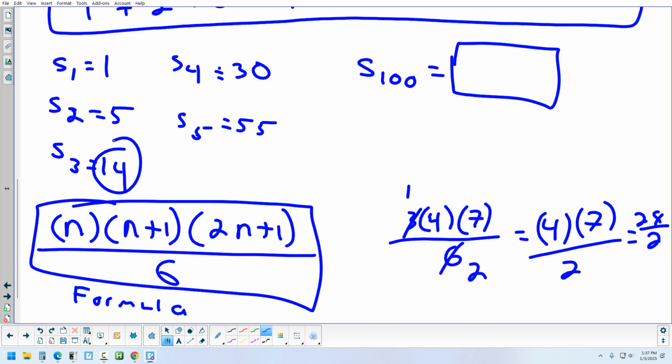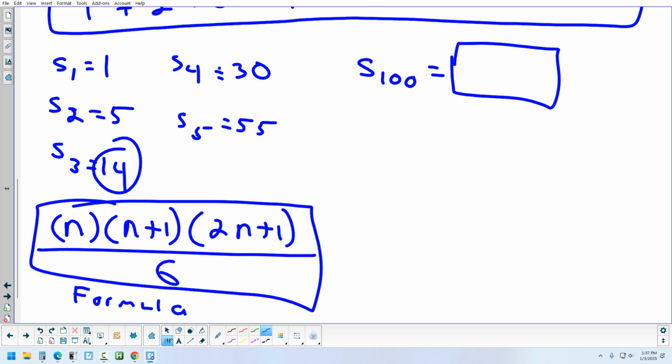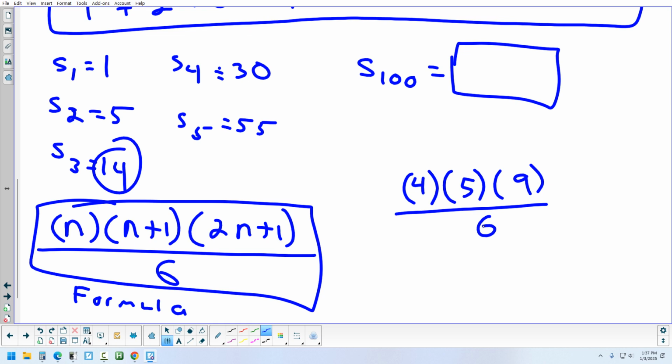Let's check it for the first 4. All right, let's try it again. If you plug in 4 for the first parenthesis, what do you get? 4. To the second parenthesis? 5. And if you plug in 4 to the third parenthesis? 9. So remember, the goal is to see, does this come out to 30? If it does, then we know this works. Let's reduce it. Let's just do 6 into 9, reduced by 3.